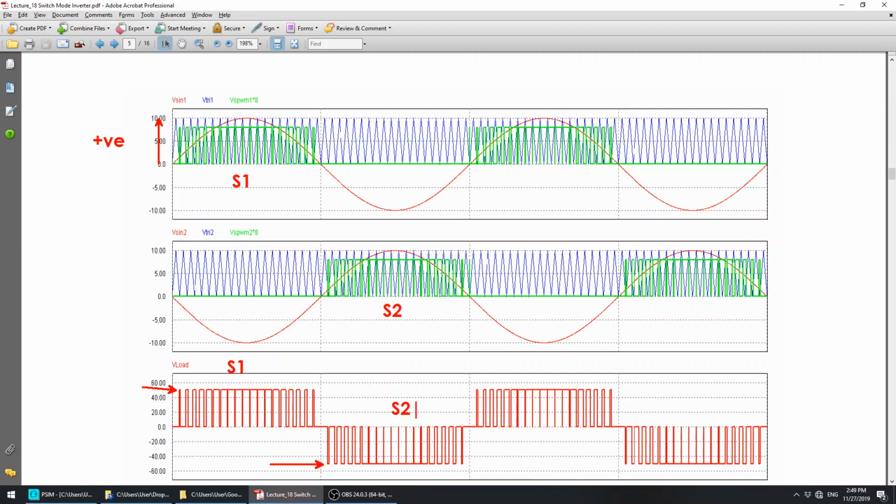But for the unipolar PWM, you will see that at one time there is a zero level, which means S1 and S2 are simultaneously turned off. In that case, the output voltage will be zero. So the waveform will appear as in this waveform. This is the waveform for unipolar PWM.